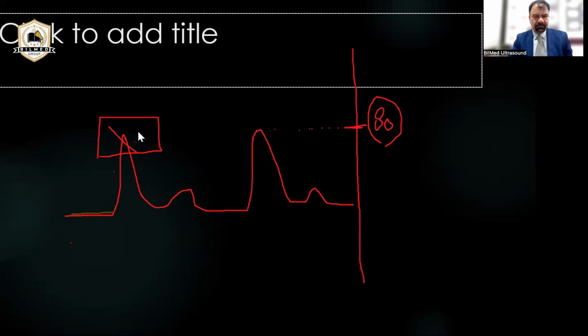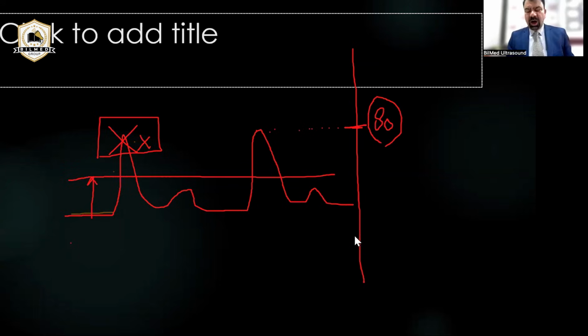Yes or no? I will not see this peak on ultrasound because I have put it at 40 only. So I will see everything up to 40 only. I will not see this peak because this peak systolic velocity is at 80.